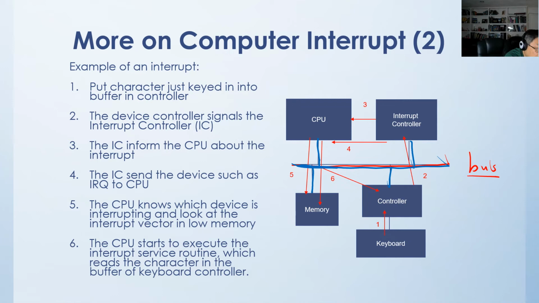The CPU is connected to the bus, and memory is also connected to the bus, and the computer keyboard is connected to the bus through something called a keyboard controller. In a modern computer system, the controller is actually a USB controller, so the keyboard and mouse are connected to the USB port, right?